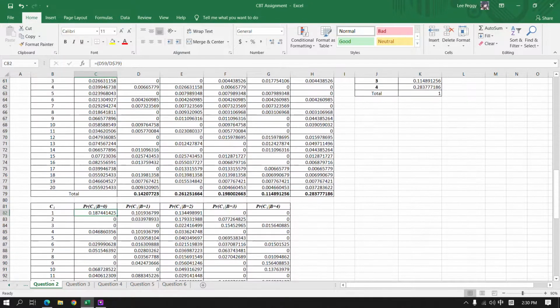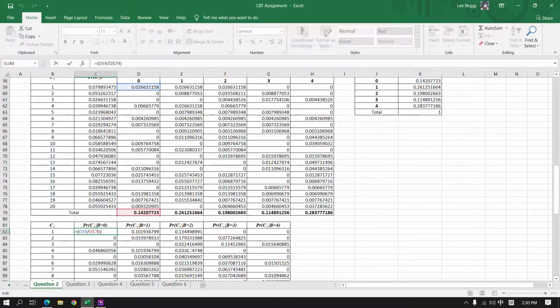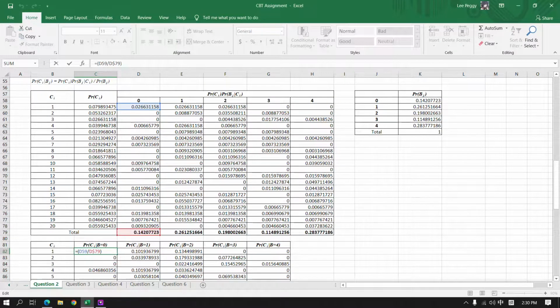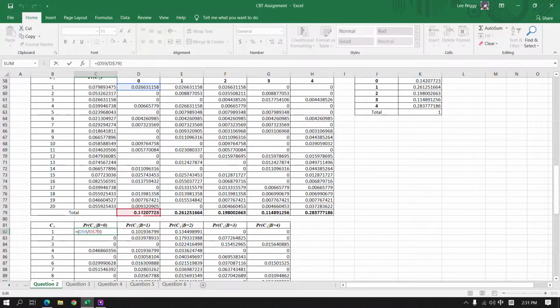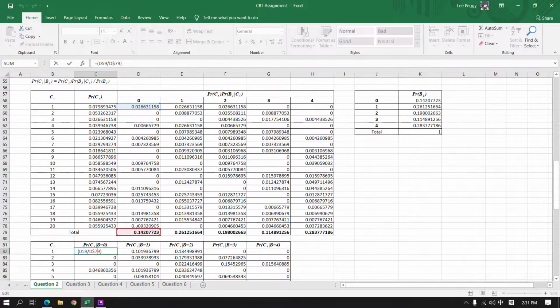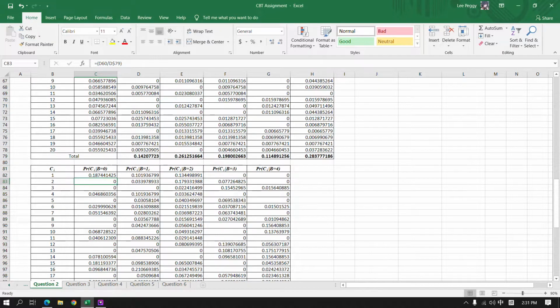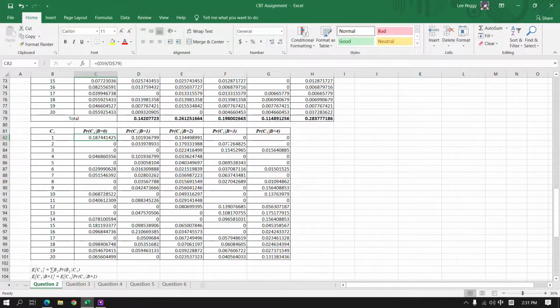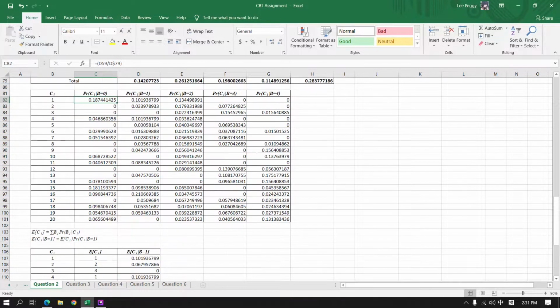When B equals 0, we want to find Ci given B equals 0, so we divide this value, which is P(Ci) times P(Bj given Ci), by the probability of B equals 0, which is this. So we can get this value, and we do it all similarly.